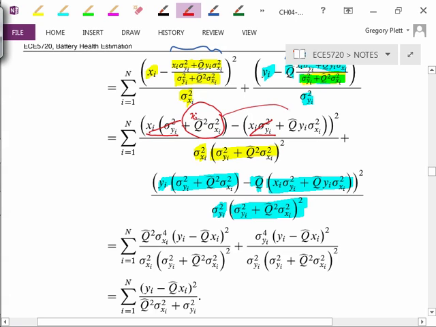If I combine these two terms, they have a common sigma xi squared in both of them, and one of the q's is common, not both, but one of the q's is common. So I can factor that out. Notice there's a squared, so I'm going to square it when I factor it out. So the sigma x squared squared is sigma x to the 4, and one of the q's, when I factor it out and square it, I get q squared.